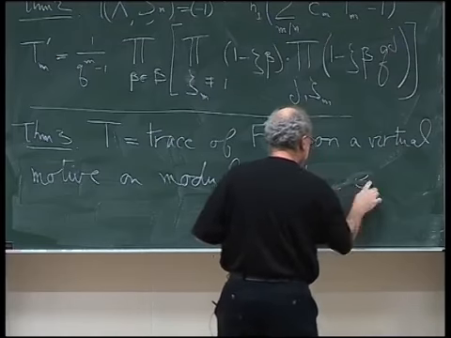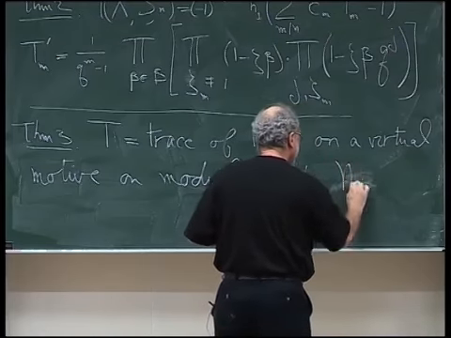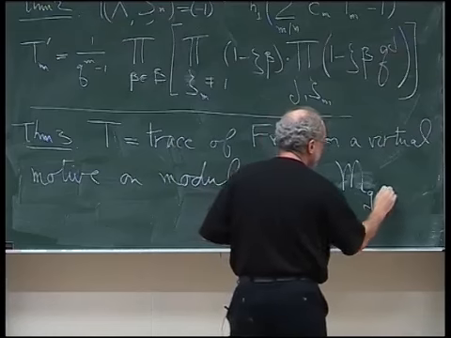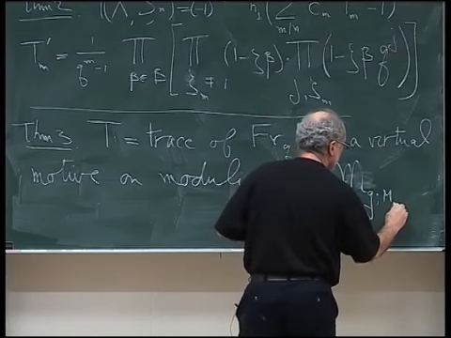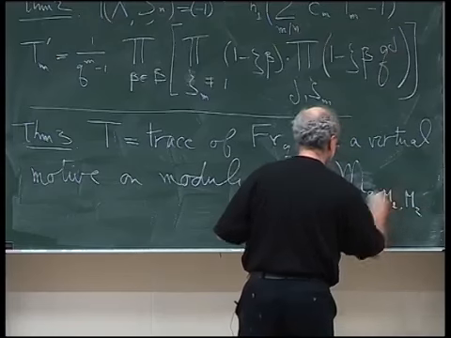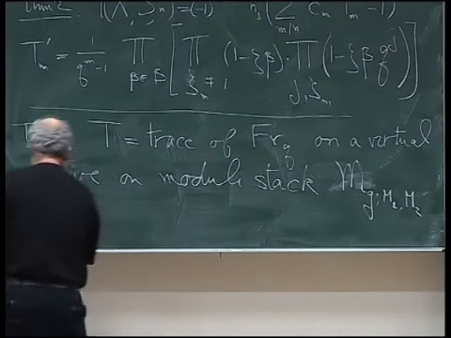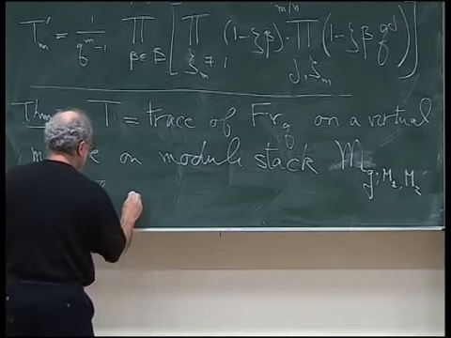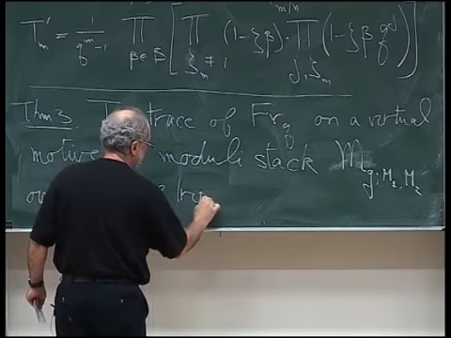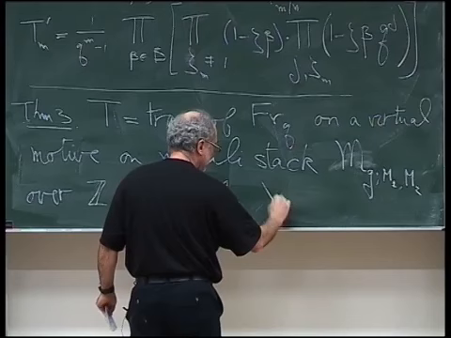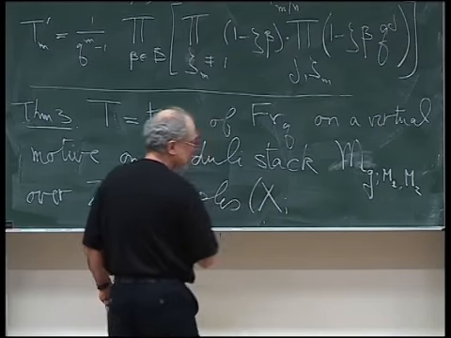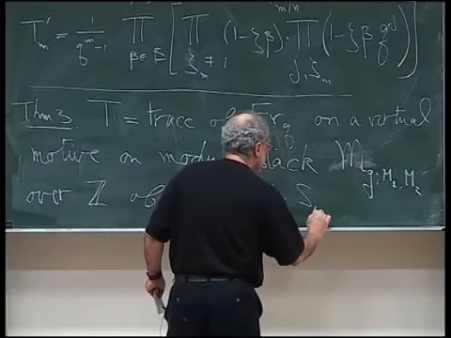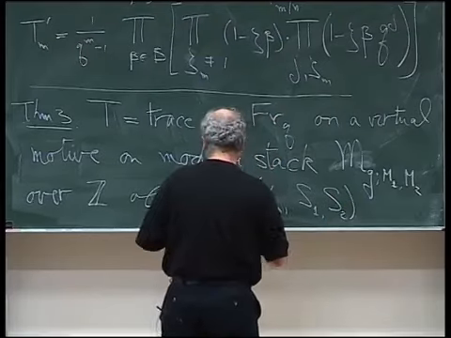of, maybe I'll give it some notation. So we have a moduli stack depending on the genus and depending on two integers m1 and m2 over Z of triples which consist of our curve X and of two sets S1 and S2 of places.